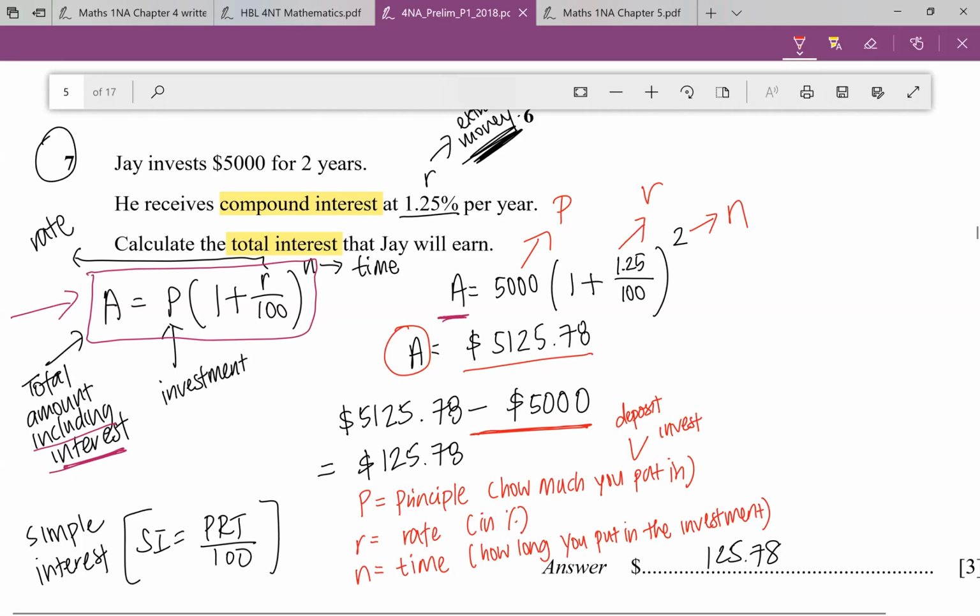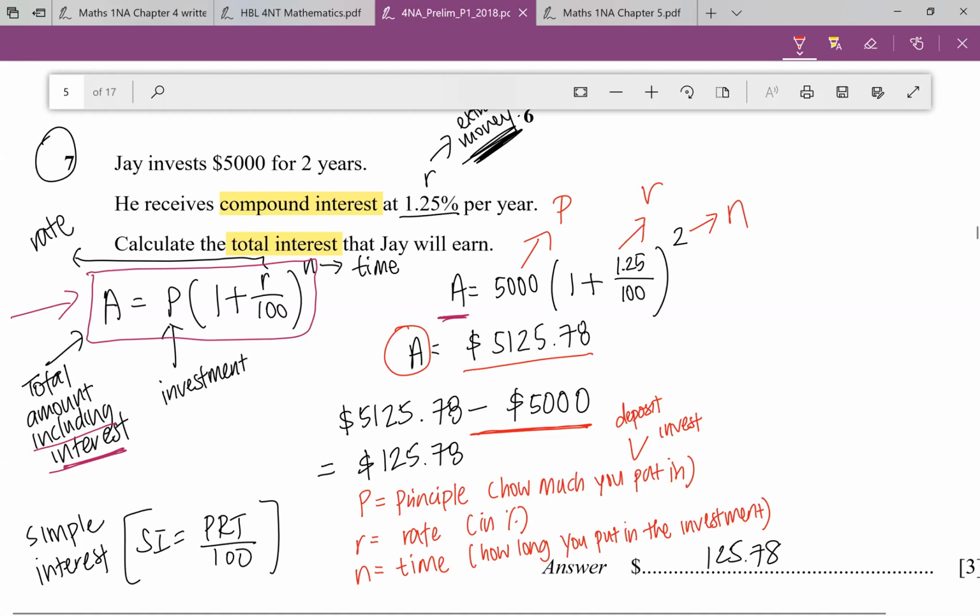Why do you minus? Because you want to find the interest, not the total. 5125.78 is the total amount in the bank after 2 years. Then you minus to find how much you earned. The 5,000 is what you invested.